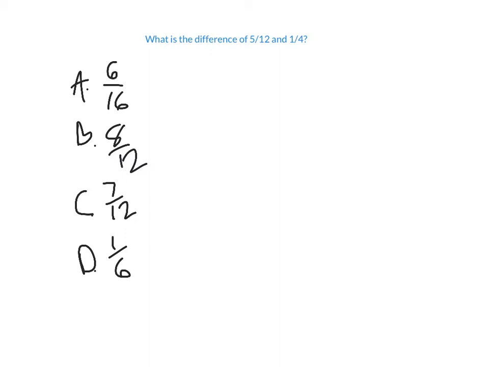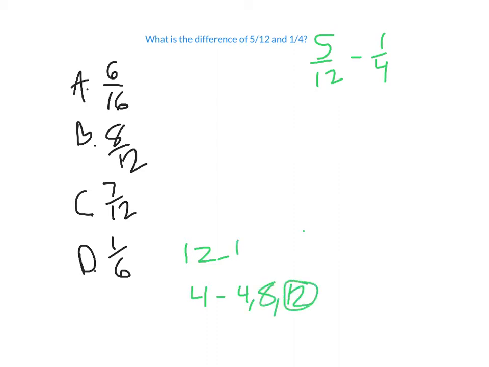If we review what we know about adding and subtracting fractions, I've got the difference of 5/12 and 1/4, difference meaning subtract. So I need to find my LCM, 12, 4, 8, 12, and then I would have a match with 12.